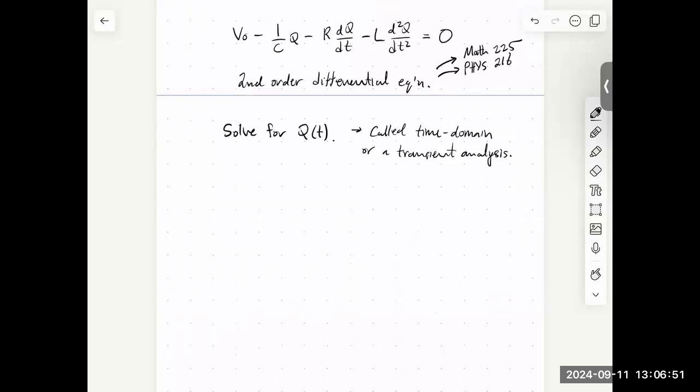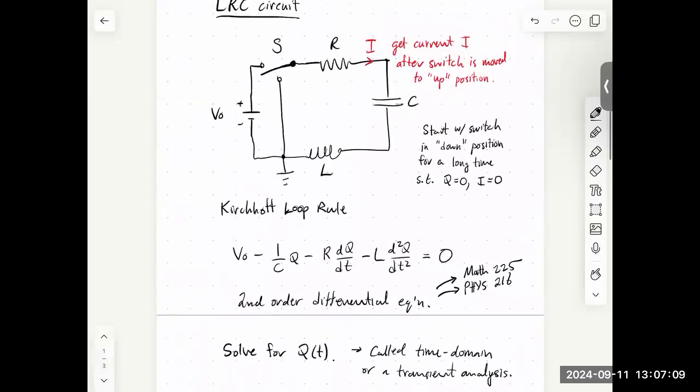Later, the reason I emphasize this as a time domain analysis is that what we're going to be primarily interested in a few weeks' time is understanding not how the circuit behaves as a function of time, but what if we replace in our circuit the battery with a function generator, something that outputs a sine wave. We're going to use function generators in the lab all the time.